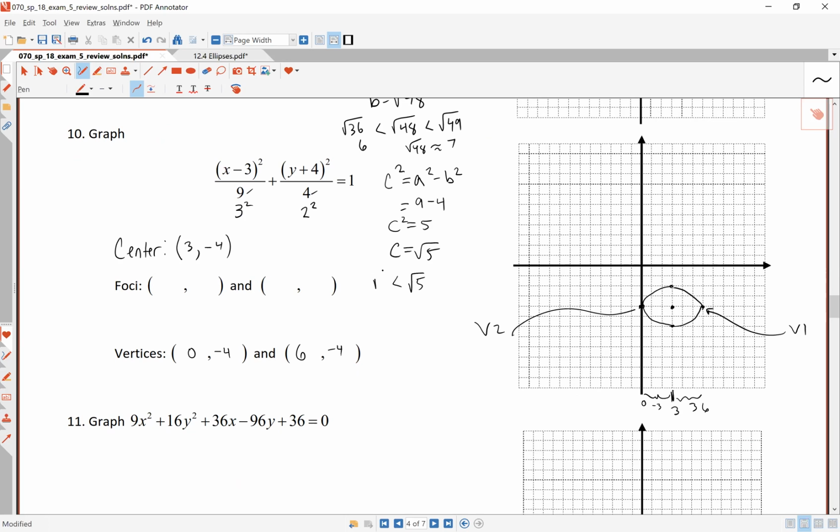The square root of 5 as a number is a little bit bigger than 2 and smaller than 3. So we'll say around 2.2, 2.3, something like that. So from the center, we move to the right 1, 2, and a little bit, and the left 1, 2, and a little bit.